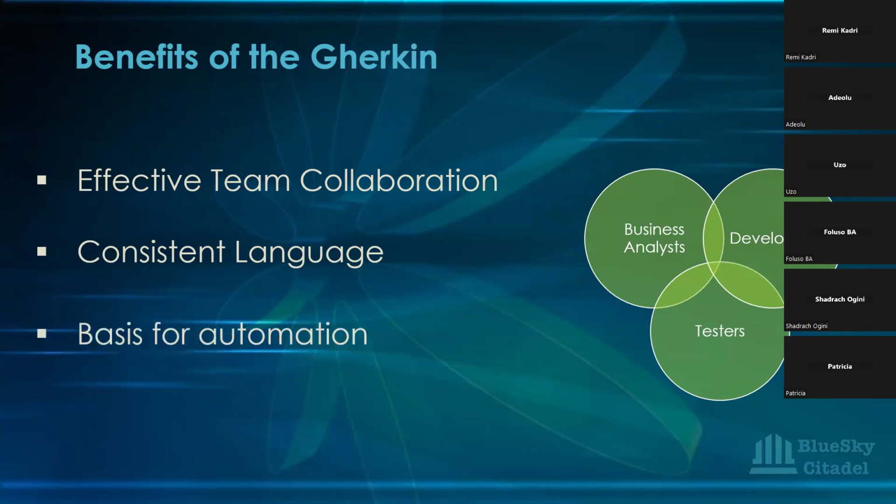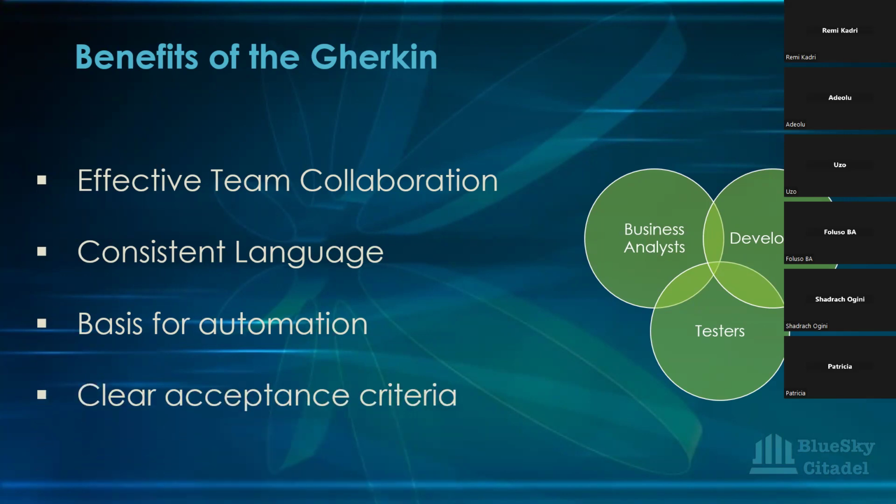Another benefit is it serves as a basis of automation for the software testers. And then it can be reused for automation testing across different test cases. And another benefit of Gherkin is it provides you with clear acceptance criteria.